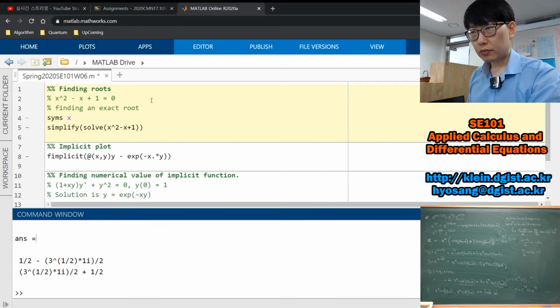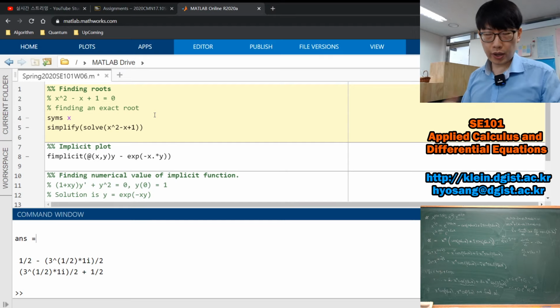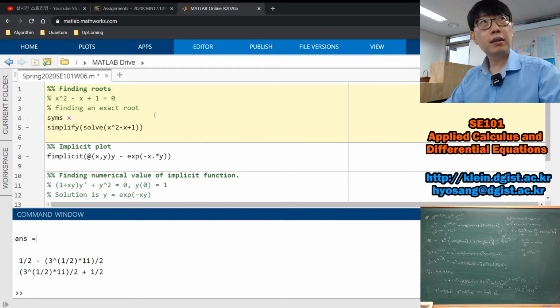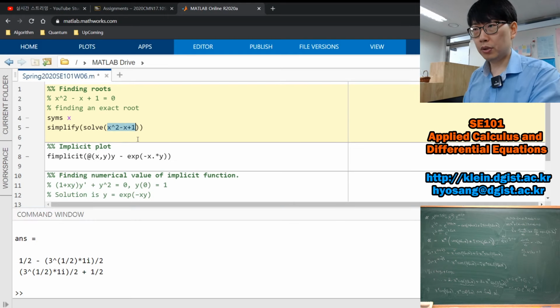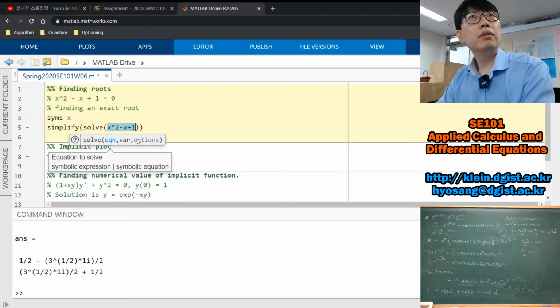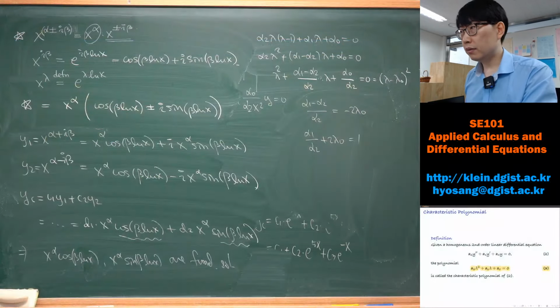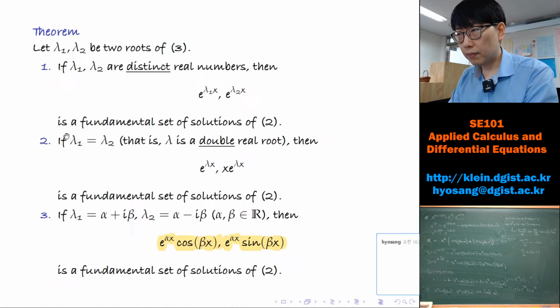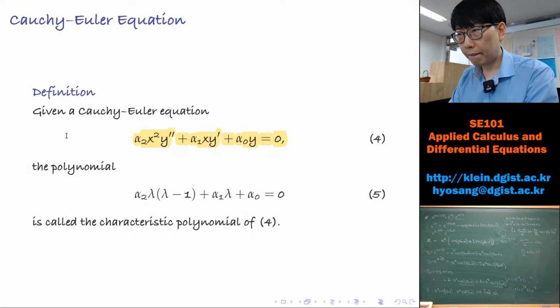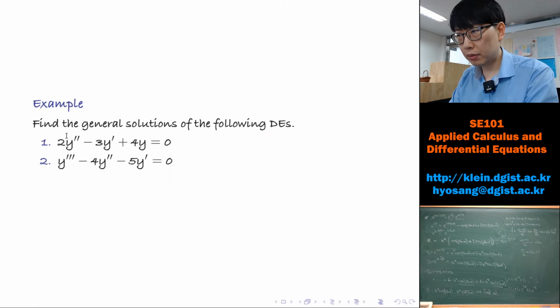So anyway, in this example you can easily find the root by hand, but if you want to verify your answer is correct, then you can easily check. Or let me verify what I computed last time is right. So in the example here, which one is our example?